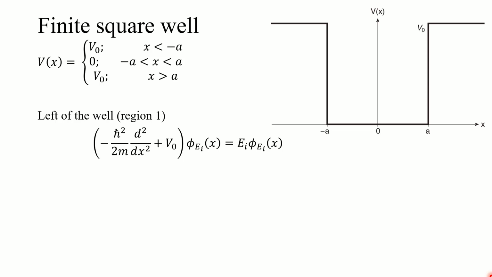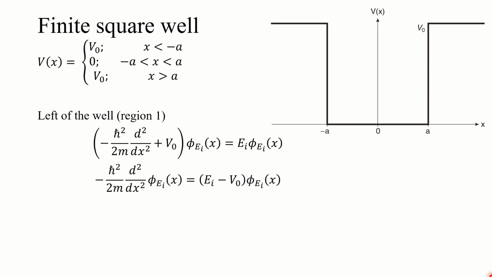We plug that into our energy eigenvalue equation, and we get this. If we leave the second derivative on the left and bring everything else to the right, we end up with this equation: negative h bar squared over 2m times the second derivative of our wave function is equal to the eigenenergy of that state minus the potential value, times that energy eigenfunction.